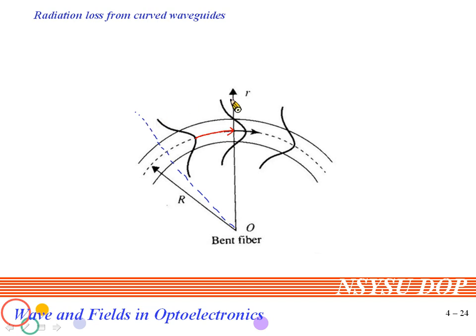But in the cladding region, the cladding field has to propagate along this distance. And of course, this length is larger than this length. So, if the speed of the cladding field cannot catch up with the speed of the core region, then part of the fields will be leaking out, which will induce the radiation loss.